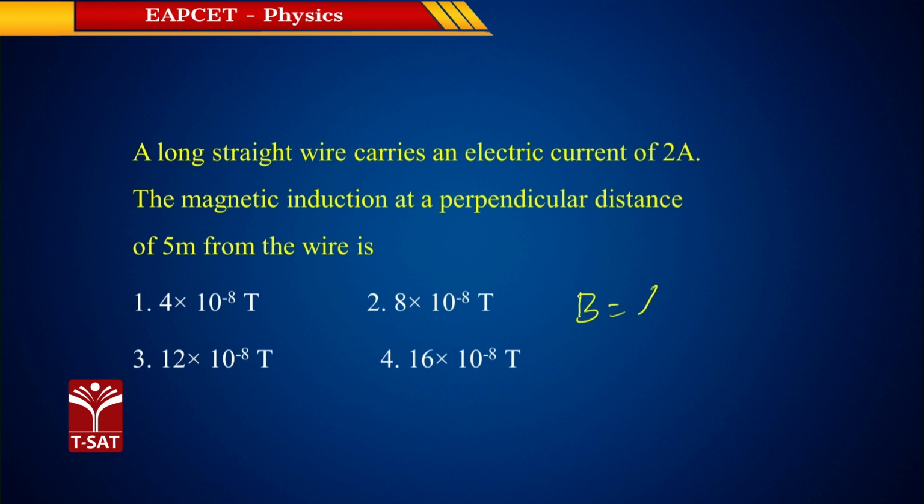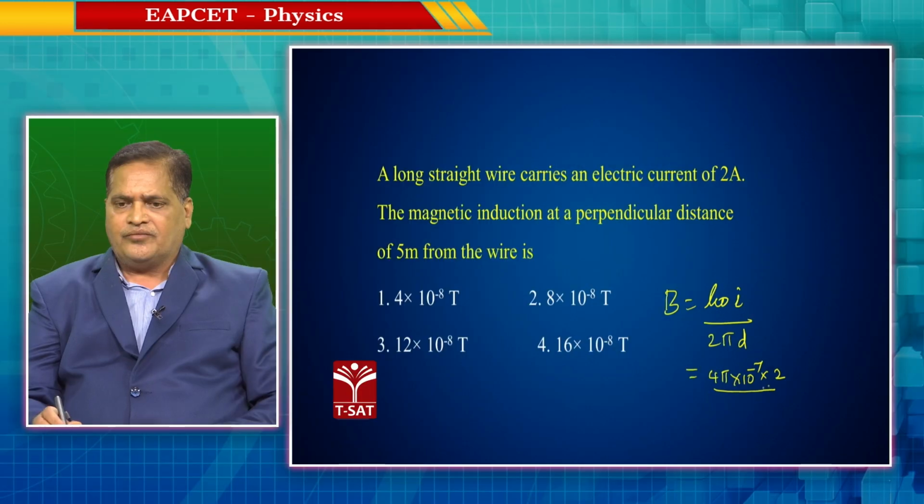B is equal to mu 0 I by 2 pi d formula you apply. Okay, mu 0 is equal to, you know that, what is the mu 0 value? 4 pi into 10 to the power minus 7 into, here in this how much current is passing? 2 ampere current is passing.